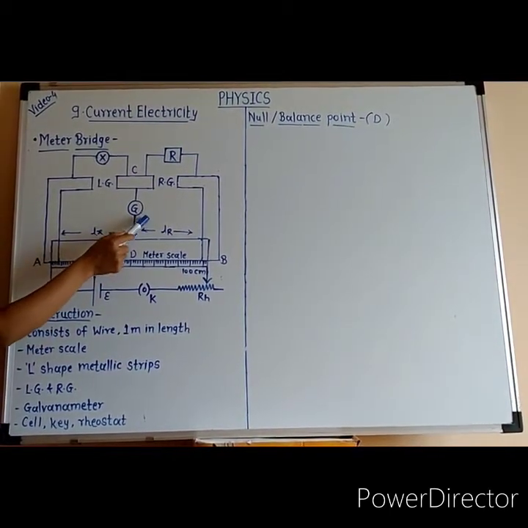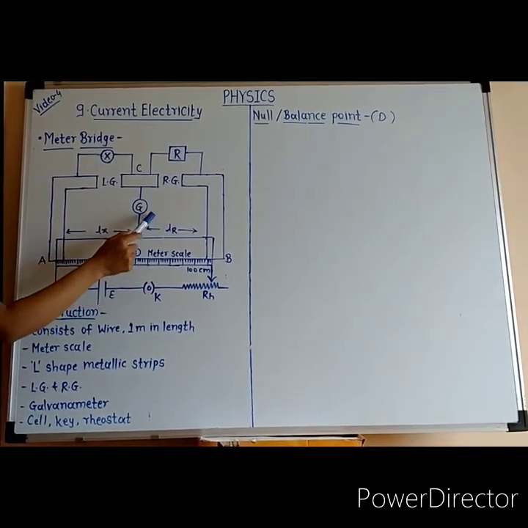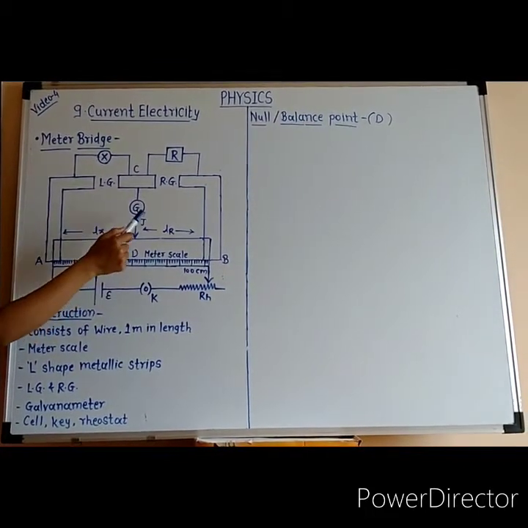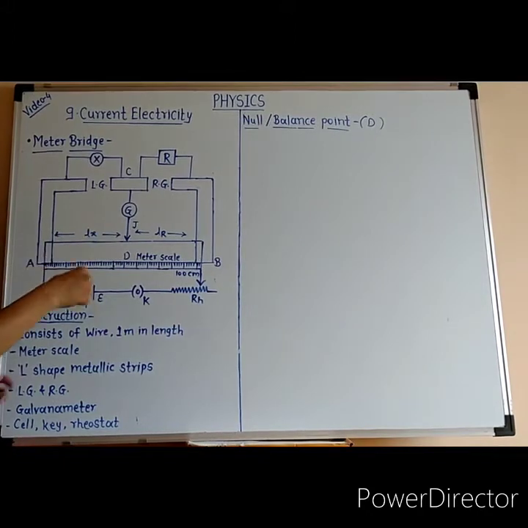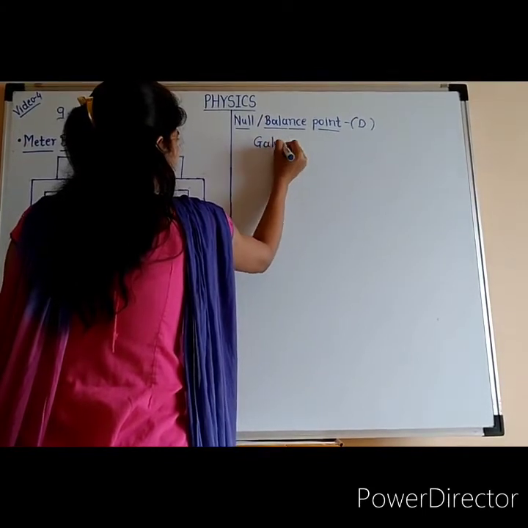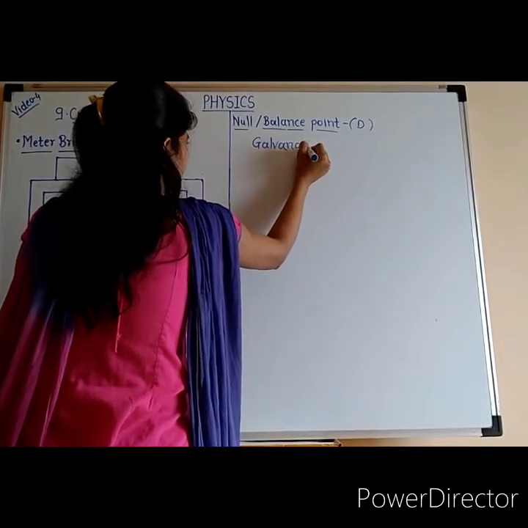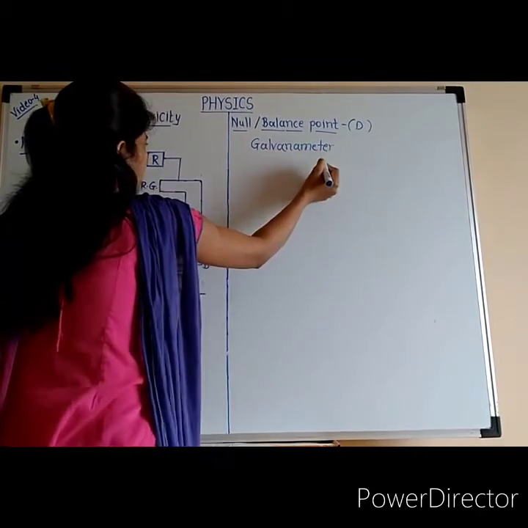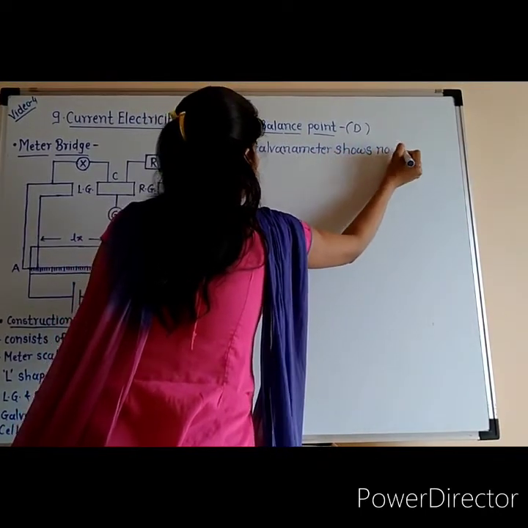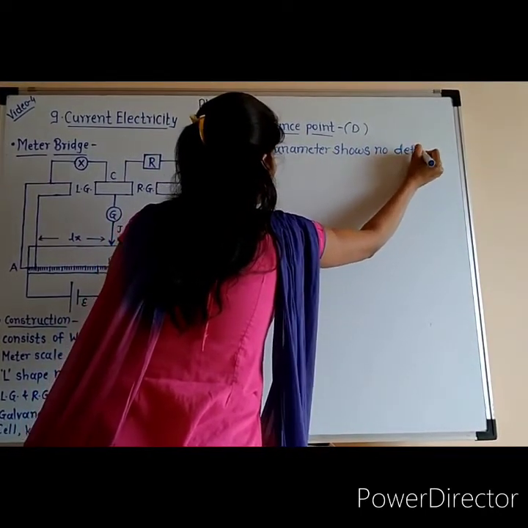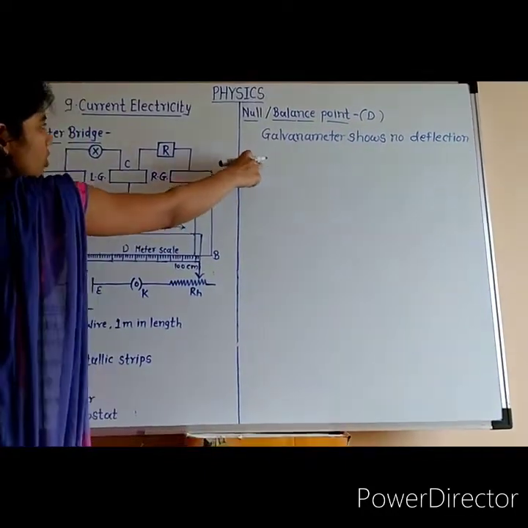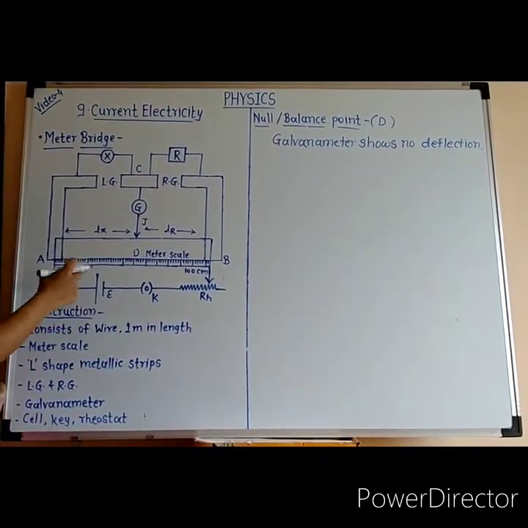When the galvanometer shows no deflection at a particular point, that point is said to be the null point or the balance point.